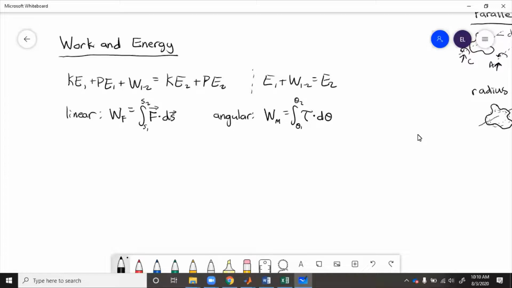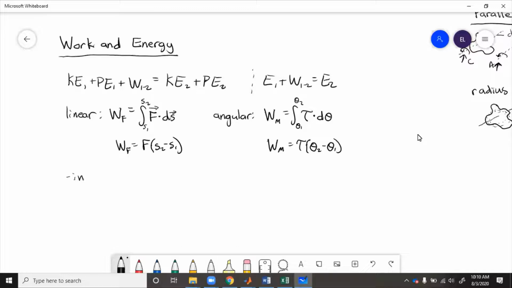So this will come out to be, if force is constant, then work by force equals force times the distance, or angular, work by a moment equals torque times the angle, or theta 2 minus theta initial, whatever angle you turn through to get from where you were to where you are now.